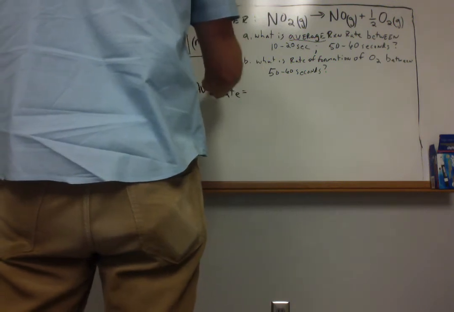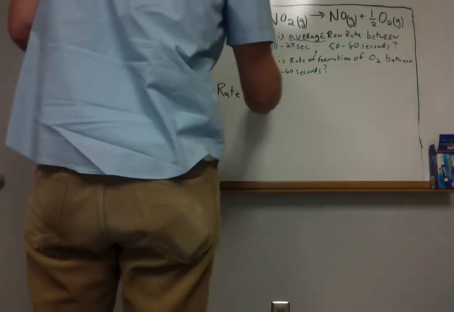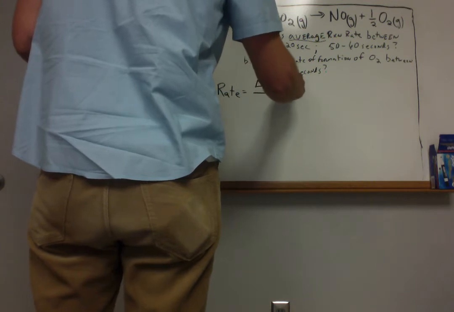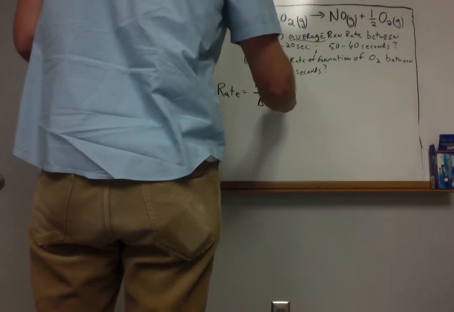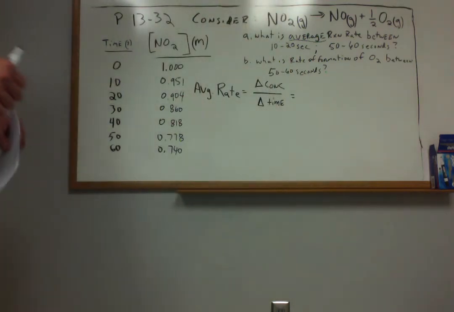So the average rate over some time interval can be described as the change in concentration per change in time. Change in concentration of some reactant over the change in time, okay?